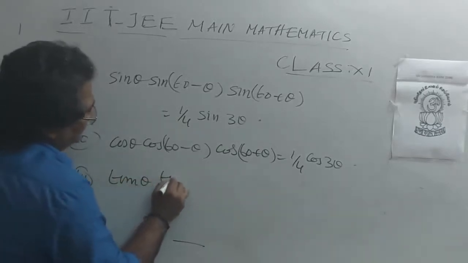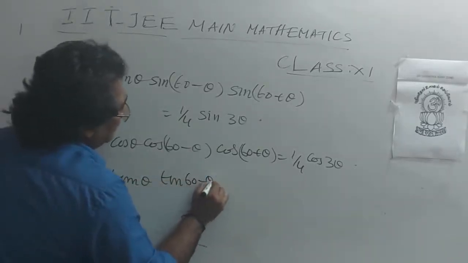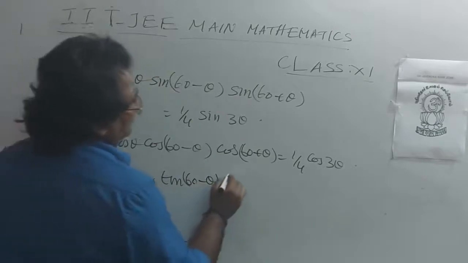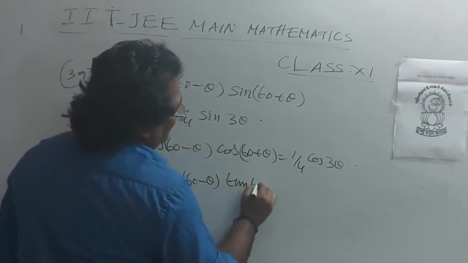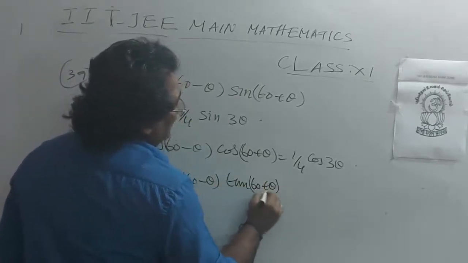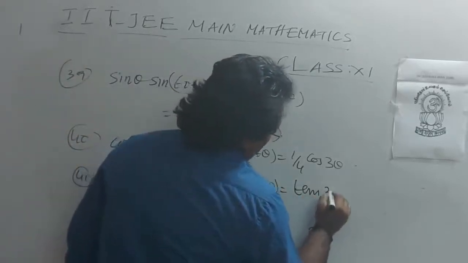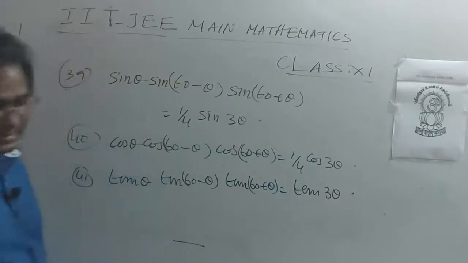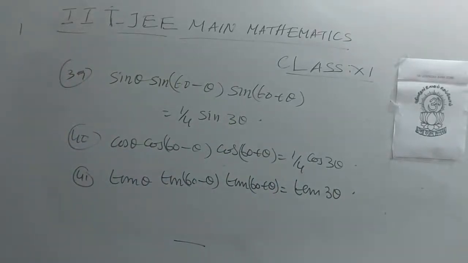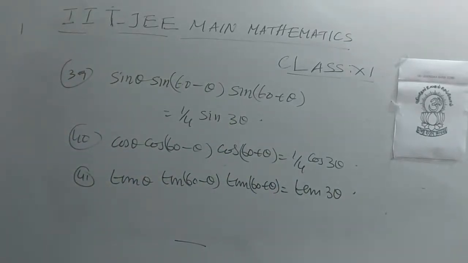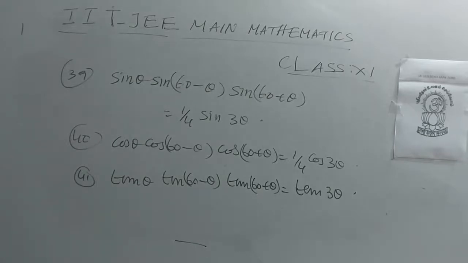Tan theta, tan 60 minus theta, tan 60 plus theta equal to tan 3 theta. All these formulas are important. Still we have to see a lot of formulae.